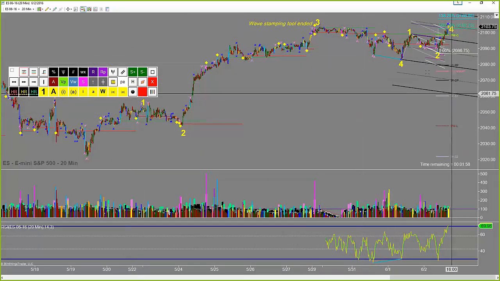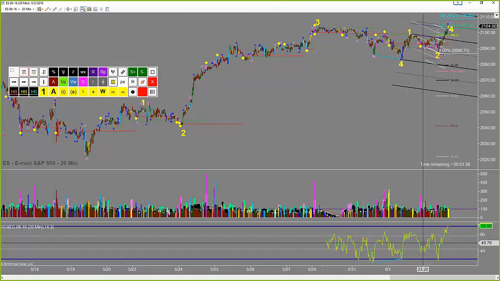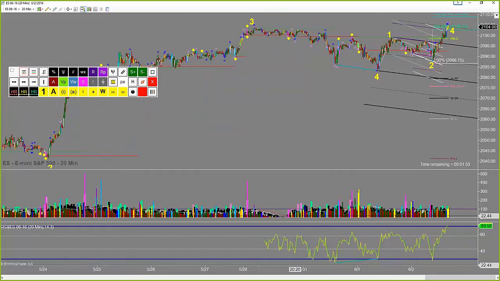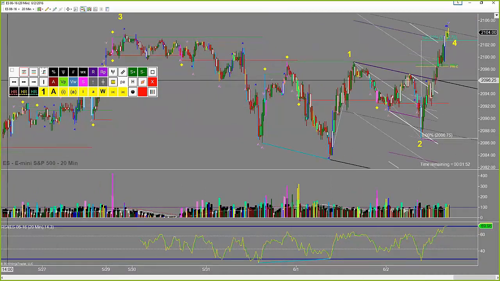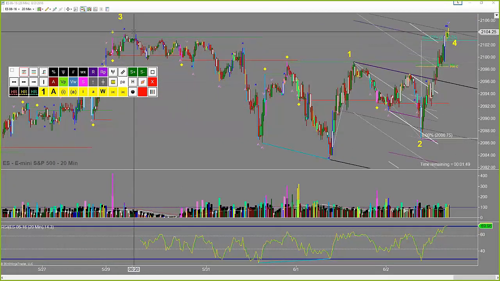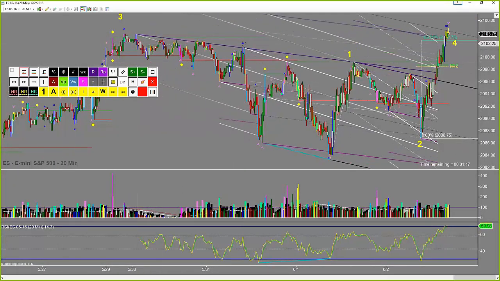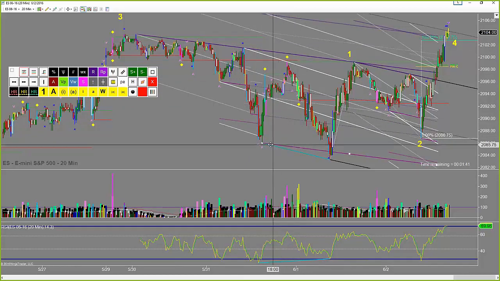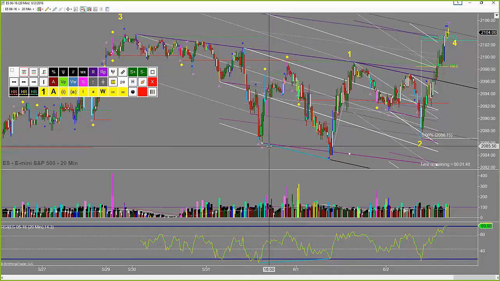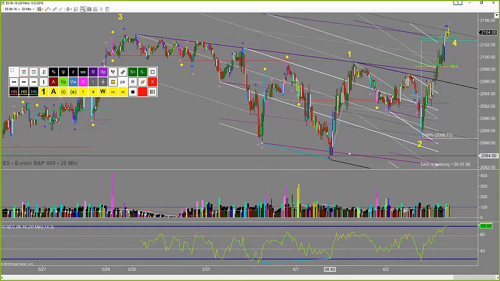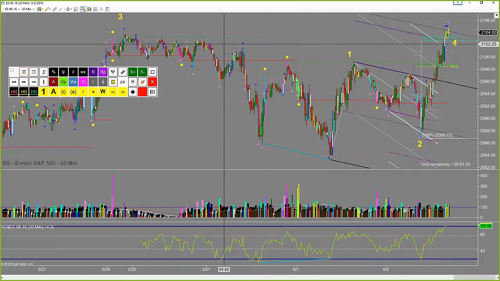Which traced out a perfect channel within the tick charts. Here it's a little bit awkward looking because it's including the overnight and it's a minute chart. But after it broke through that channel, then the parallel coming off of the end of the A wave gave you the end of C. It looks much cleaner on the tick chart, which we'll come back to.